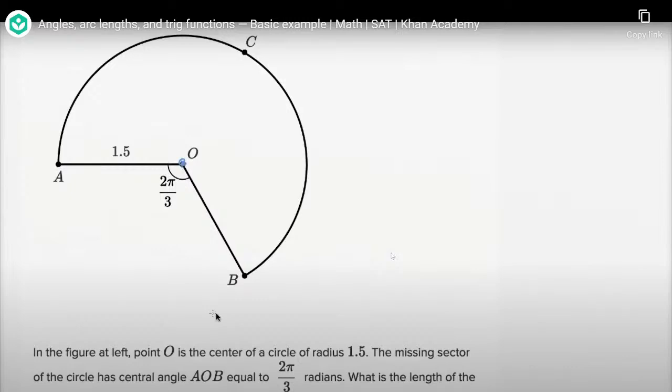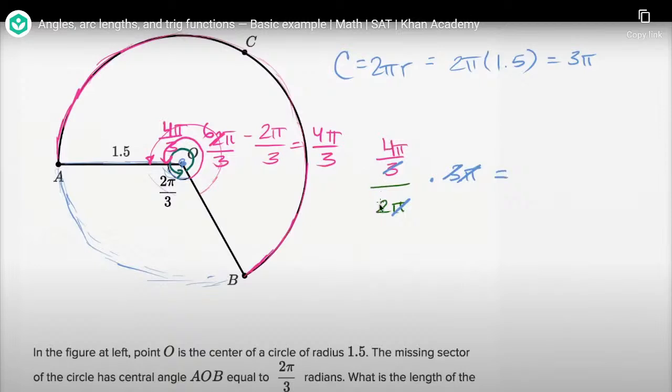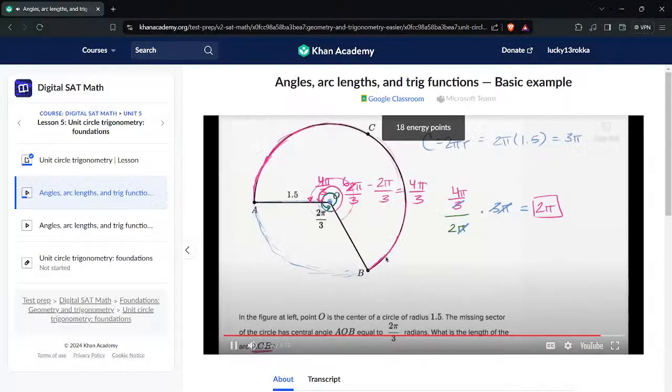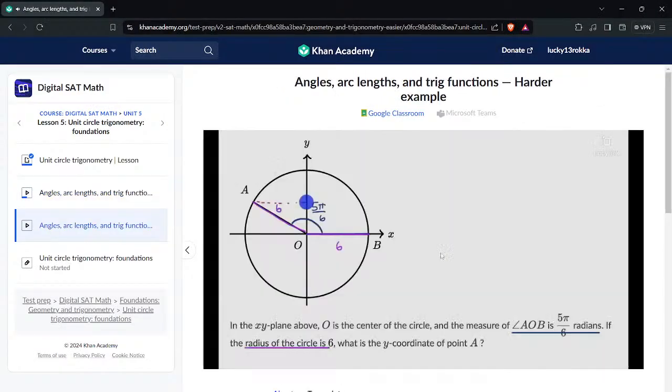Then 4 pi by 3 times radius 1.5 gives 4 pi divided by 2, which is equal to 2 pi. So that's the length of this arc. There you go.